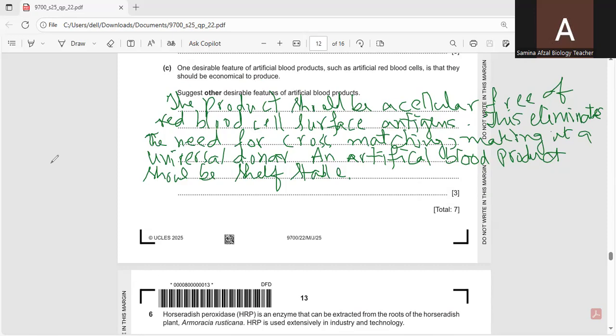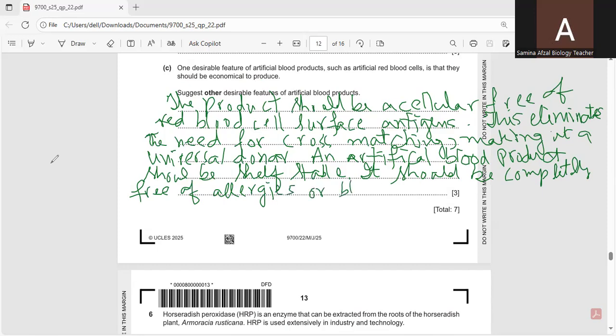And the last point I would like to make is that it should be completely free of allergens or blood-borne pathogens.